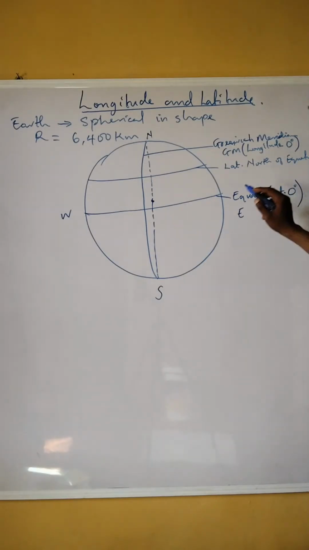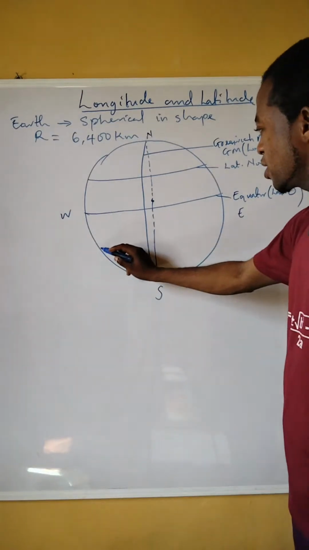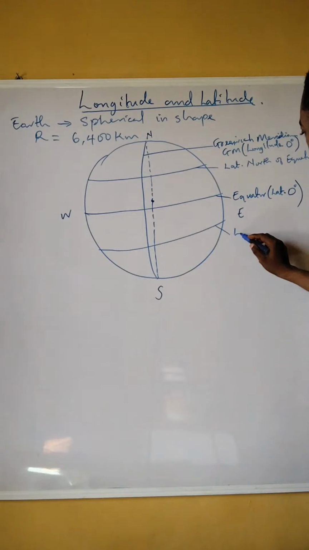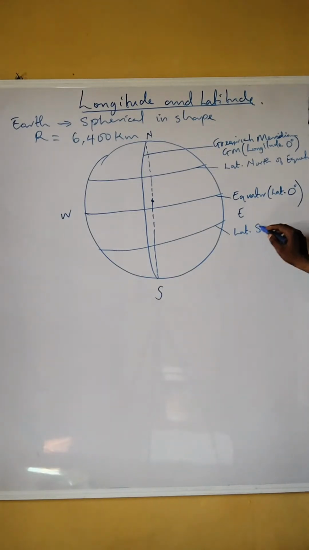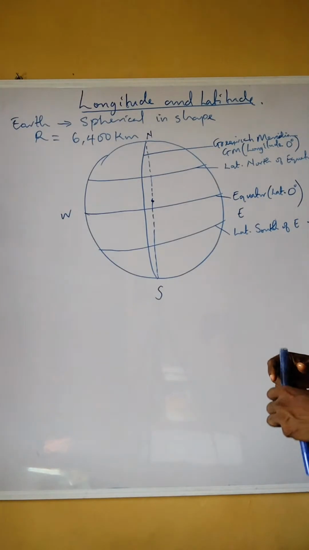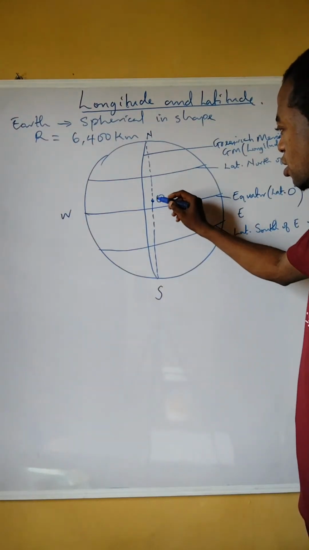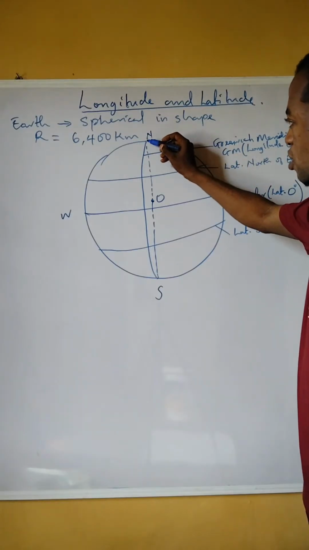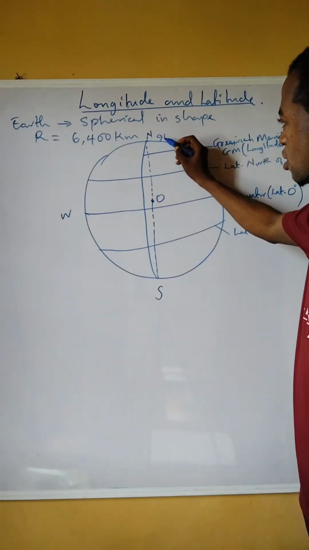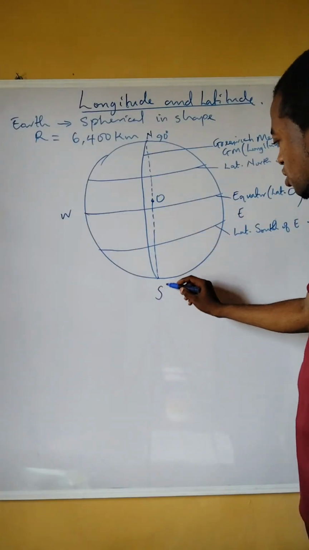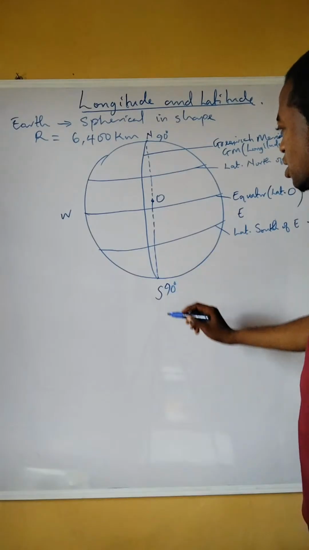If we have a latitude here, this is going to be latitude south of the equator. The highest degree we can go from 0 to the north is 90 degrees, and also from 0 to the south, the maximum is 90 degrees.